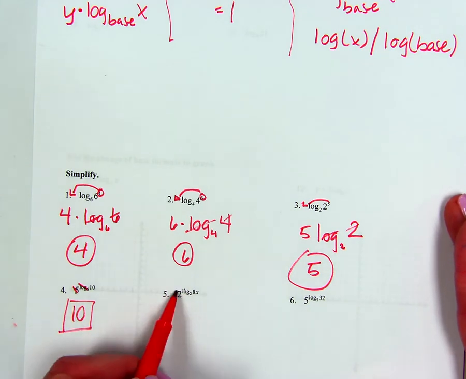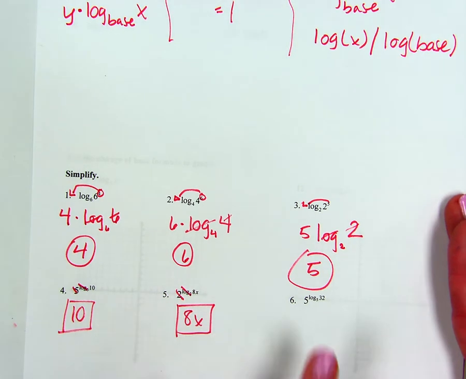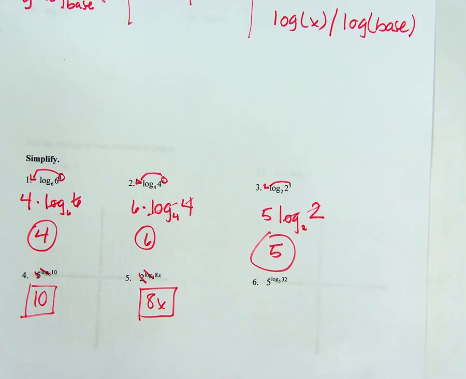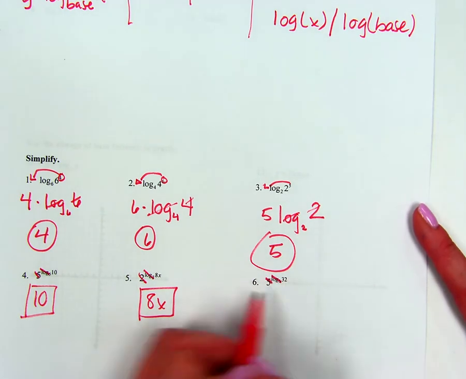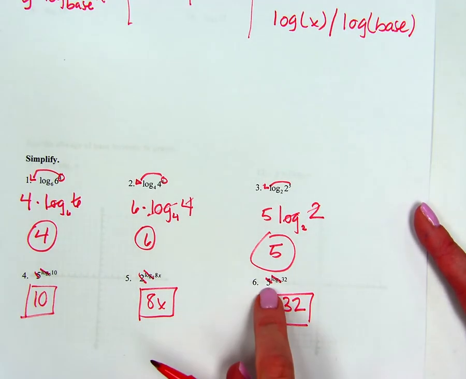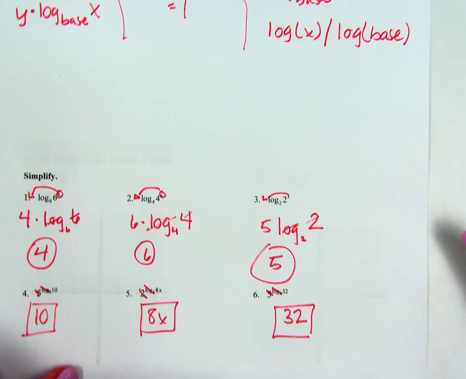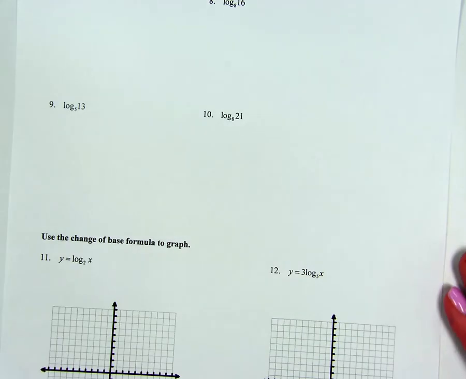We can cancel these two out here, and we're left with just 8x. And last but not least, let's look at number 6. Same thing again, so we're left with 32. Please make sure you remember that these are the same. I have my 5, and my base down here is a 5 as well, so when you're canceling those out, be careful. Let's look at the second page here.